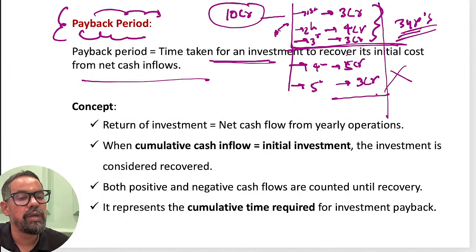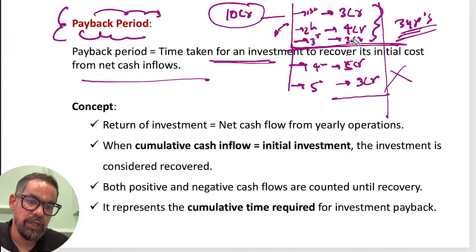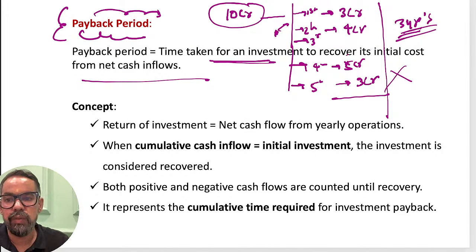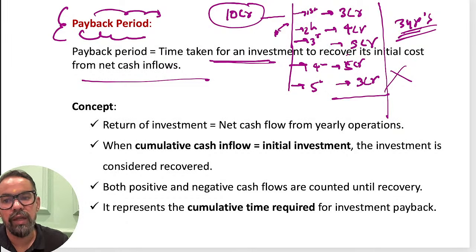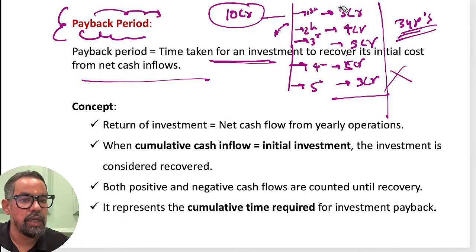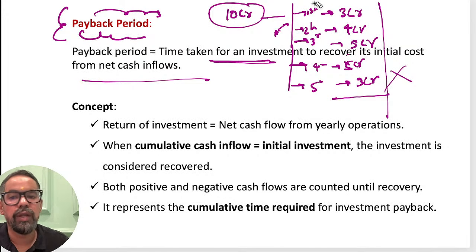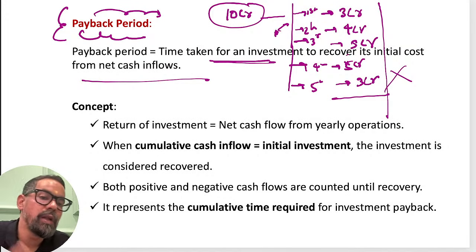Now this is one case. They will not give you this type of case. What they will do is change these numbers. Suppose that in the third year we are getting 5 crore rupees. Now if you have to calculate the payback period, what will be your answer?